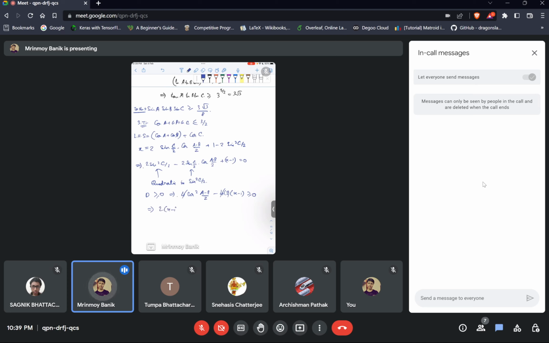So 2x minus 1 is less than or equal to cos squared A minus B by 2.